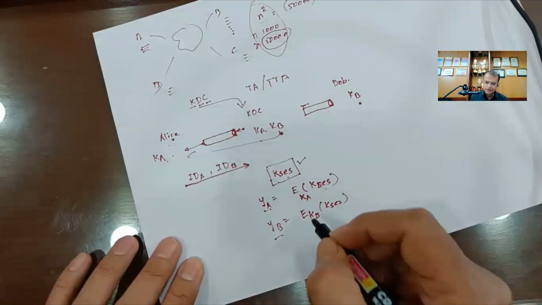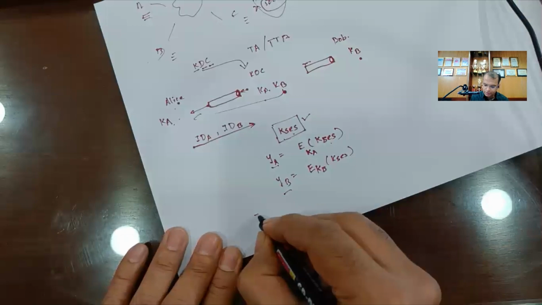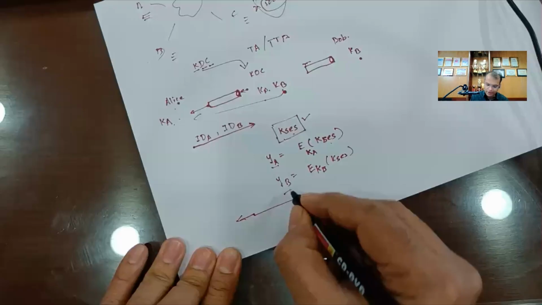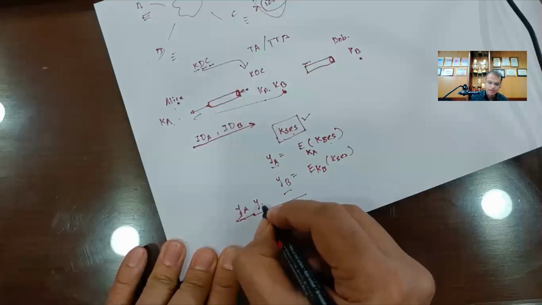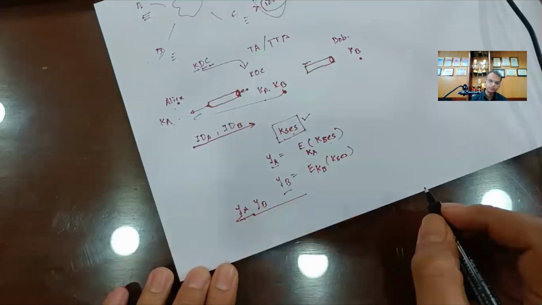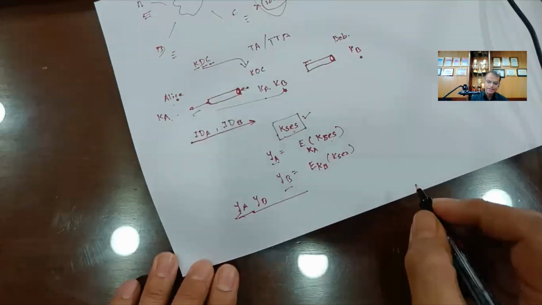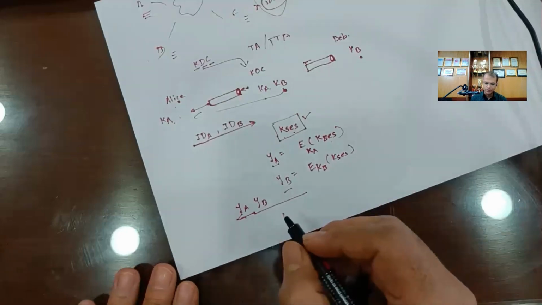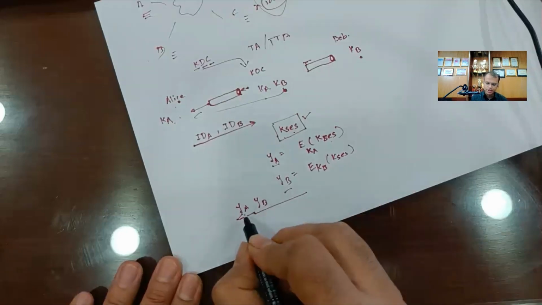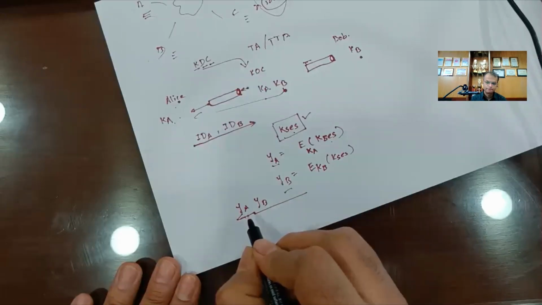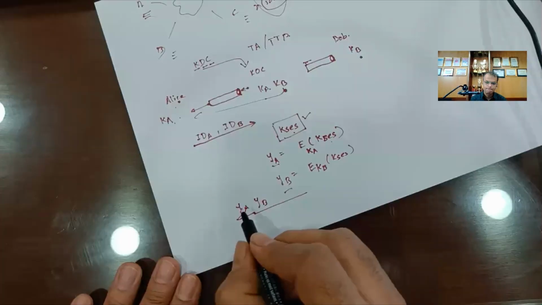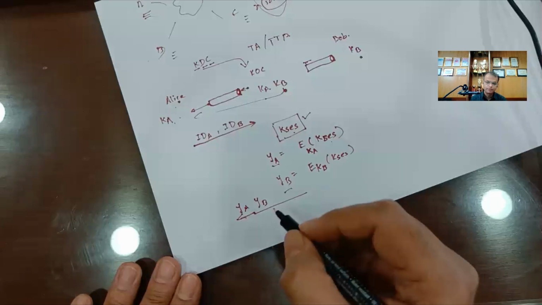Now what does this KDC do? It will send these values back to Alice. So YA and YB are sent back to Alice. Now what can Alice do with these two values? Can she decrypt YA or YB?